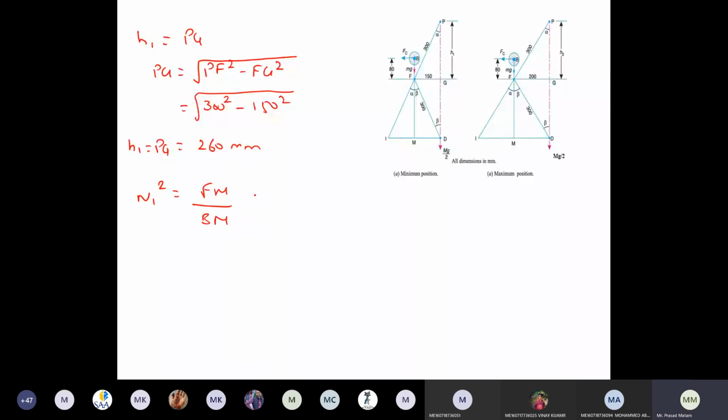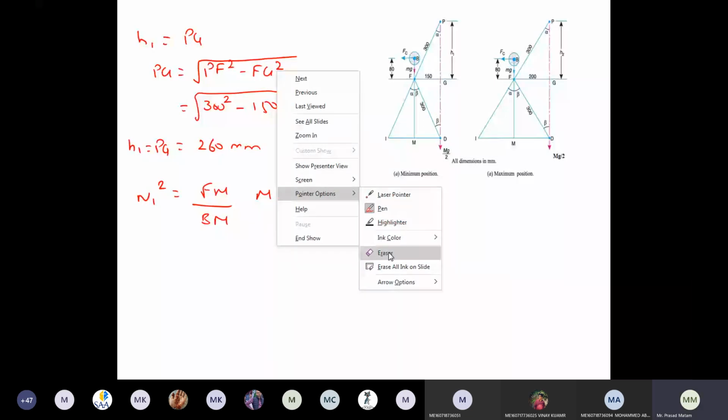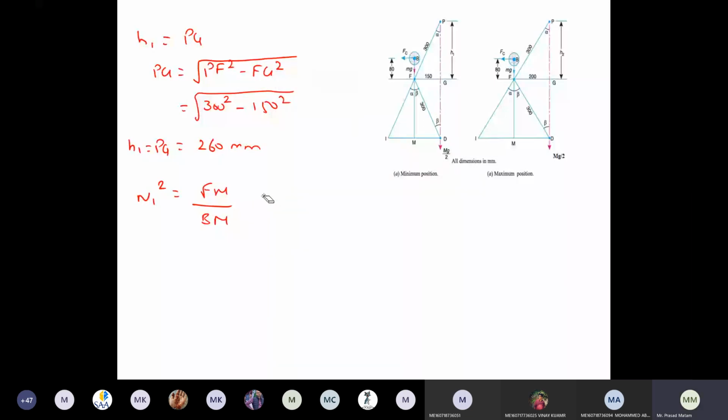This is the equation: FM by BM into (small m plus capital M) by small m into 895 by h1.